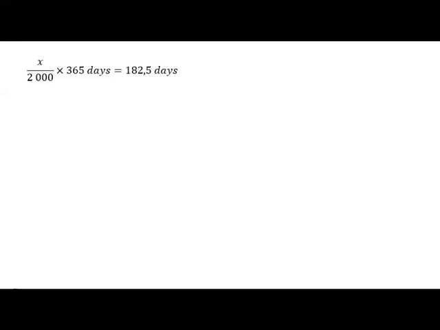And I will just divide both sides by 365. I will have X divided by 2,000 is equal to 0.5. Then cross multiply. I'll just take 2,000 times 0.5. It will give me 8,000 rand, meaning that the value of our inventory here will be 1 billion. Done. Let us look at the next example.